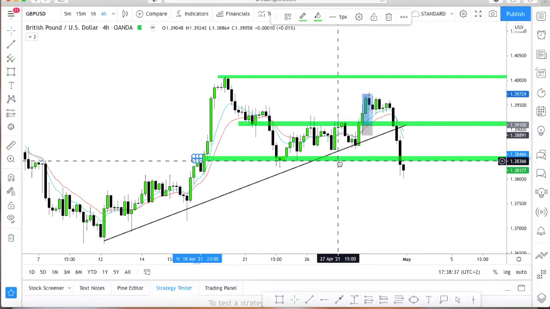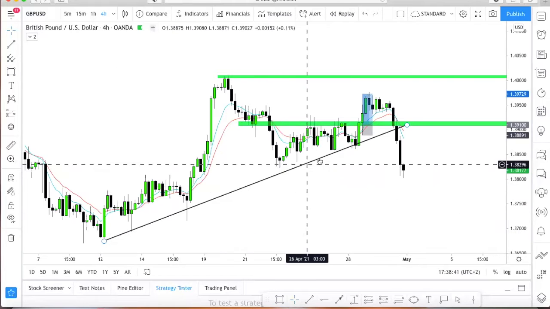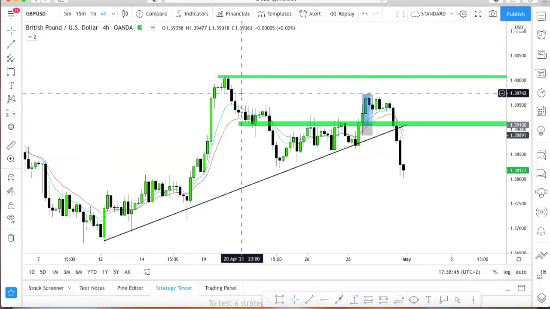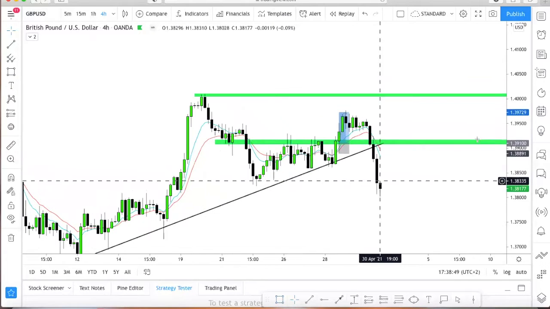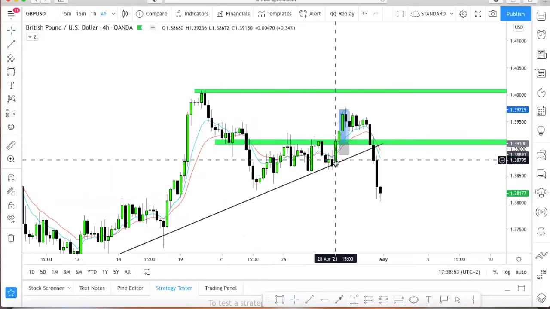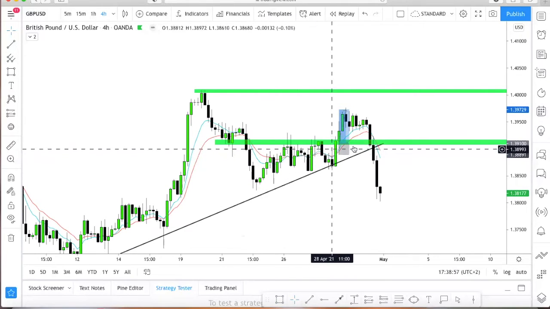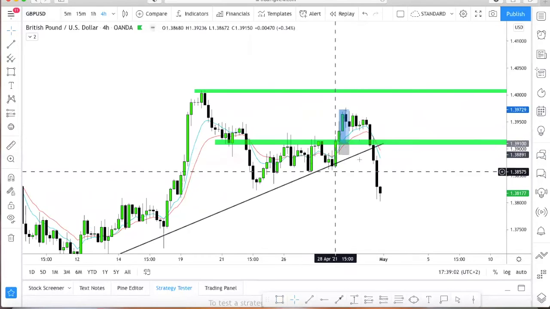But what we did identify is that the market was following the general move to the upside. So I wasn't hasty to take a trade from this level over here. I wanted to see how much this uptrend would hold, and only if I had seen this uptrend being violated would I have taken a sell.